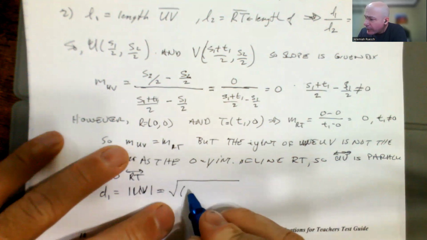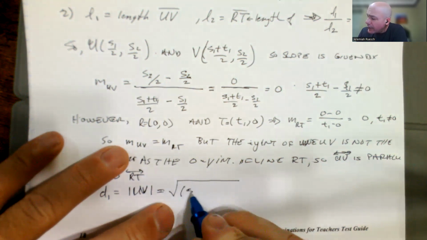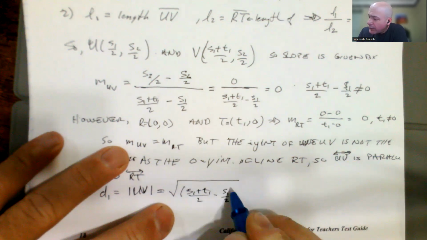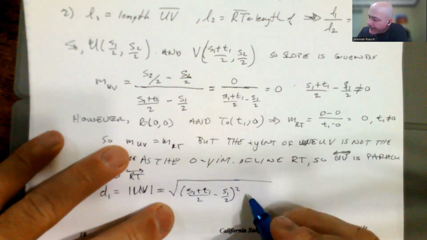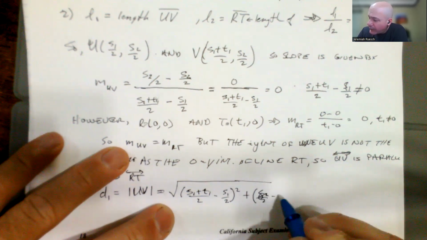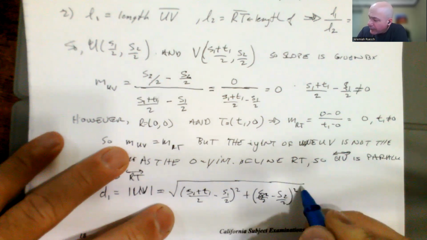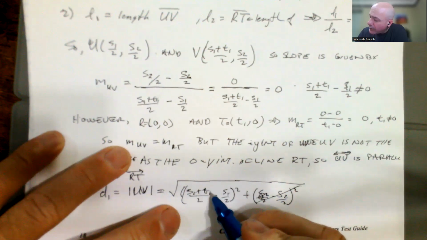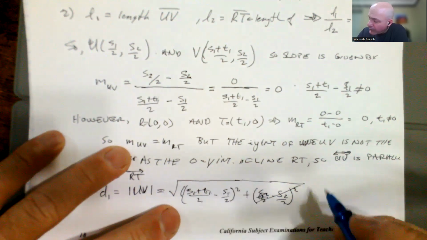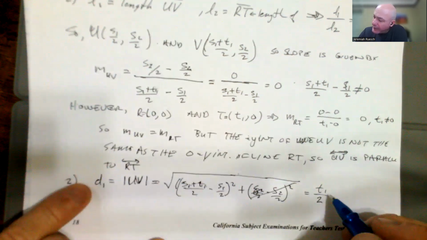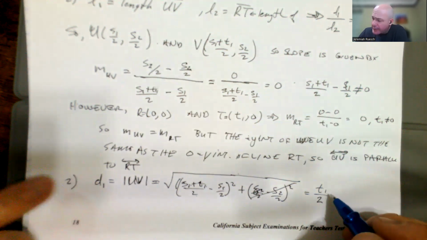It's x2 minus x1, so we have x2, V is S1 plus T1 over 2, minus S1 over 2 squared, plus, well, it is 0, but it's S2 over 2 minus S2 over 2 squared. So this is 0. The S1s cancel out, and you're left with the square root of T1 over 2 squared. So this is just T1 over 2. Okay. So that's the distance D1 here.